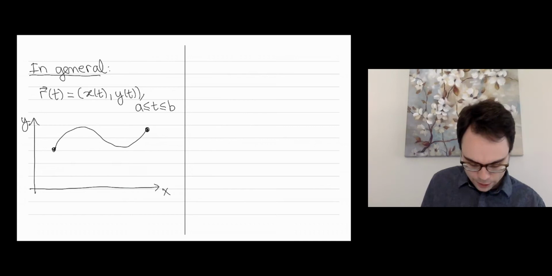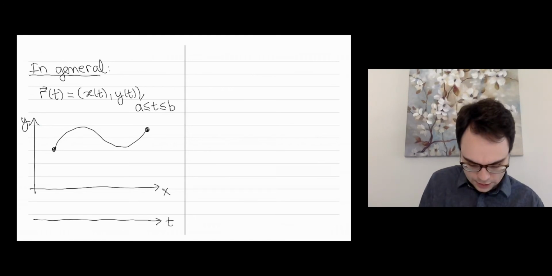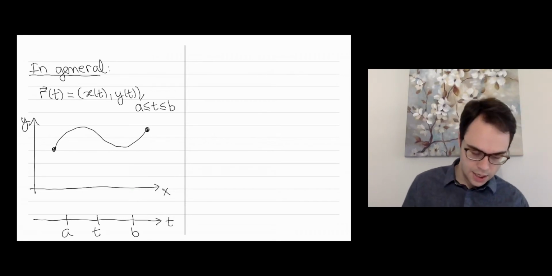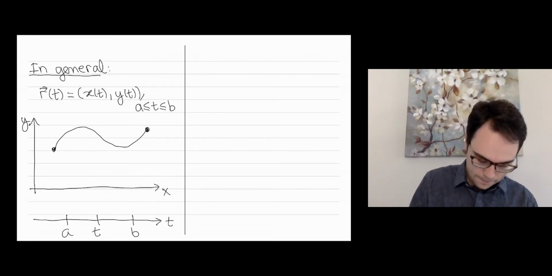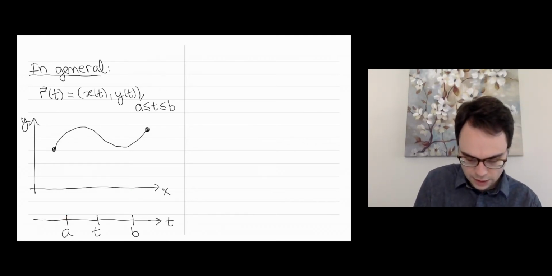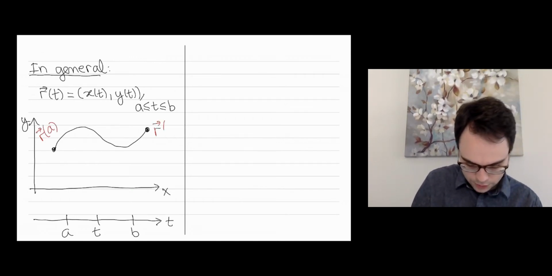The parameter t lives on the t line. I'm going to draw the t line down here. And the parameter t ranges from some number a, maybe here, to another number b, and t could be anything between a and b. Then the start of the curve, r of a, is going to be one of the two endpoints, so perhaps this one. And r of b is going to be the other endpoint.